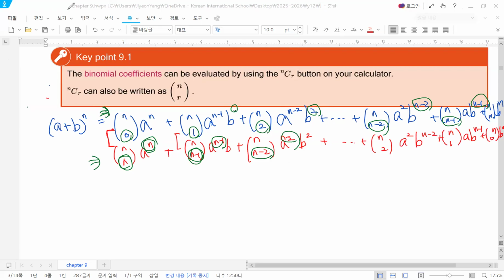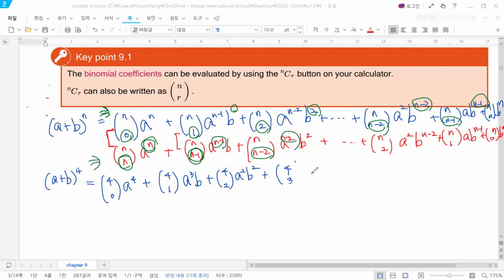Okay, students, then I want you to write down. I'm going to show you how to expand (a plus b) to the power of 4 by using binomial expansion. Firstly, 4C0 a to the power of 4 plus 4C1, please tell me, a cubed b plus 4C2 a squared b squared plus 4C3 a b cubed plus 4C4 b cubed.